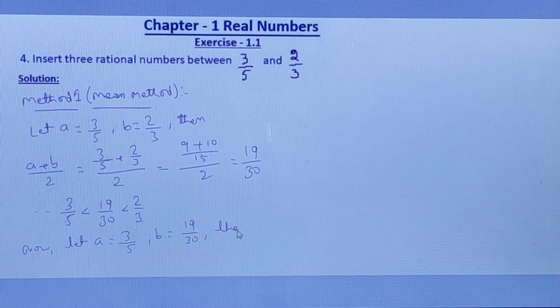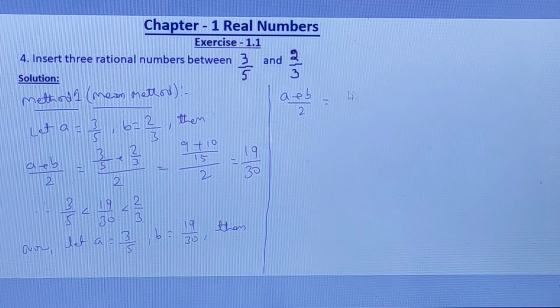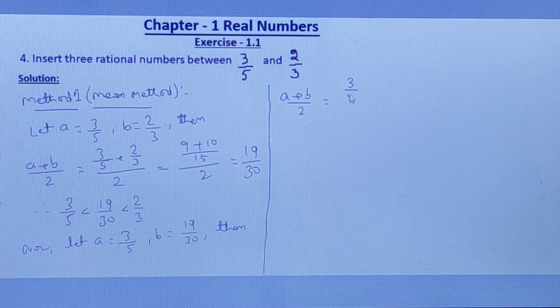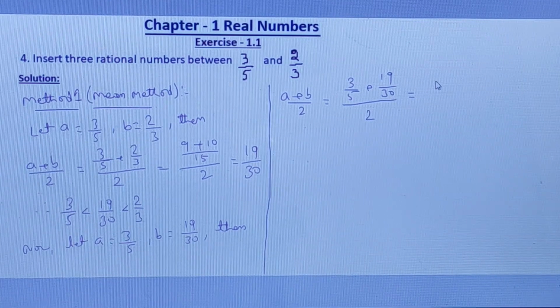Then (A + B) by 2 will be equal to how much? 3 by 5 plus 19 by 30, entire thing divided by 2, isn't it? So what is the LCM? 30 is the LCM, right?